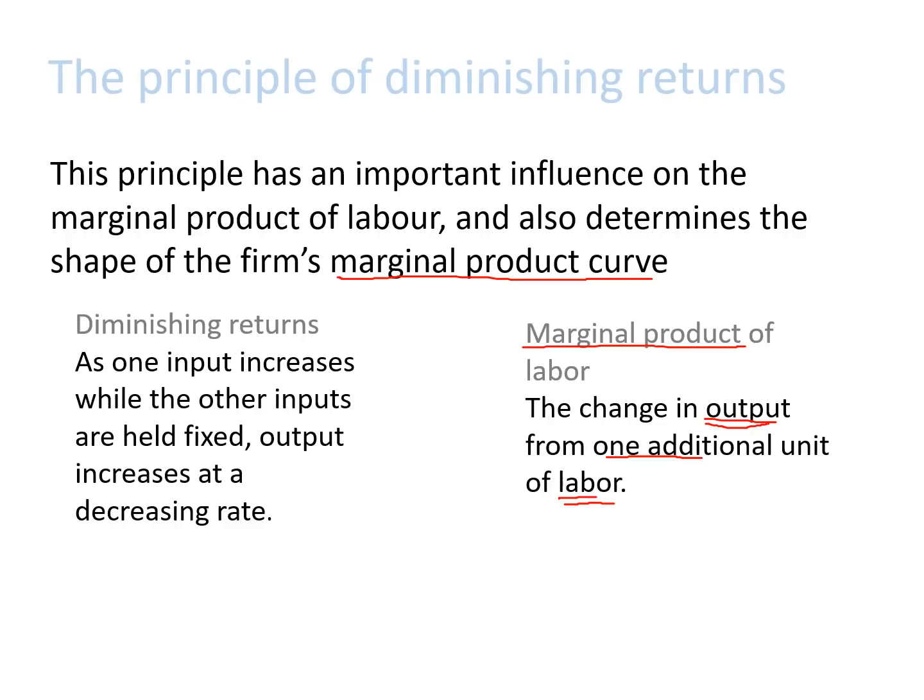What the principle of diminishing returns tells us is that there's a tendency for the extra output that is achieved by an increase in a unit of an input to decrease. So in other words, you add an extra input.